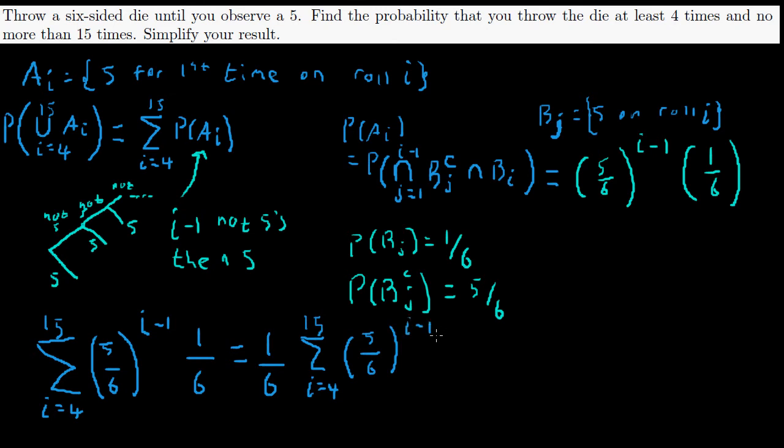Now I can just shift my index down by 1, because if i was 4, I just have a 3 up here, and when i is 15, I have a 14 over here.